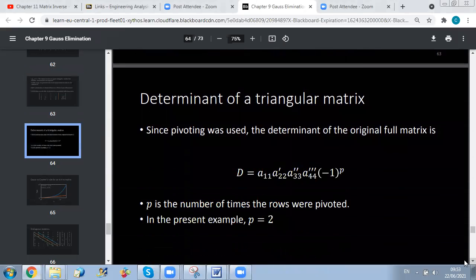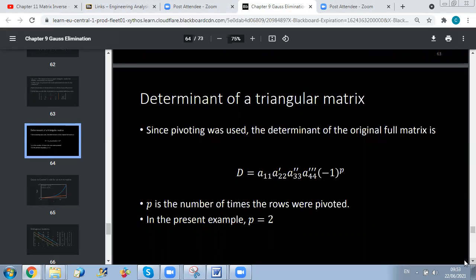Now, what is nice about your upper triangular matrix is that you can easily get its determinant, and you can always relate the determinant of the original full matrix to the determinant of the final matrix.